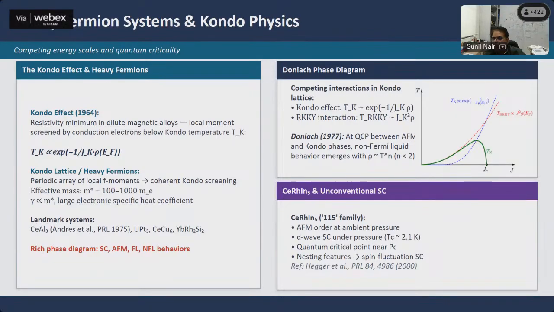The story of this really starts with the discovery of the Kondo effect in the early 1960s. What they were trying to do was to look at dilute magnetic alloys, which basically means that you have a metallic system, like say copper, and then you dope it with small amounts of a magnetic impurity, like iron or manganese and so on.